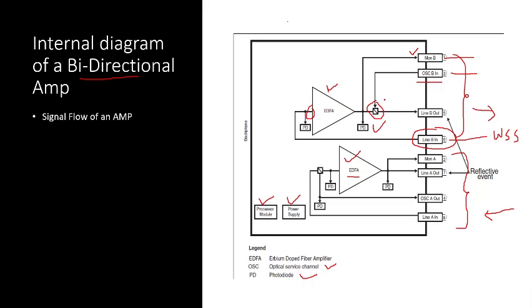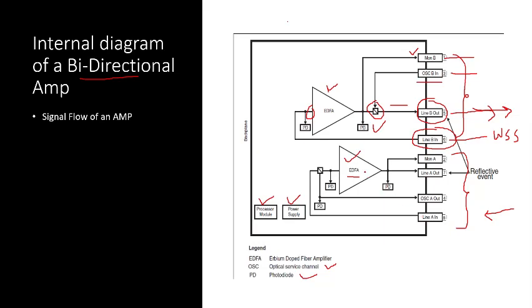After combining the OSC, the combined signal, which is our C band signal and the OSC signal, goes to line B out. With this port, our actual fiber is connected, which goes from site 1 to site 2. The same thing is happening in the downward ports.